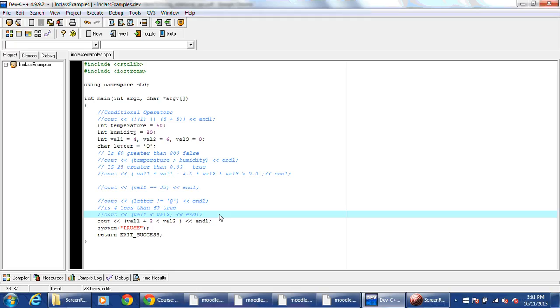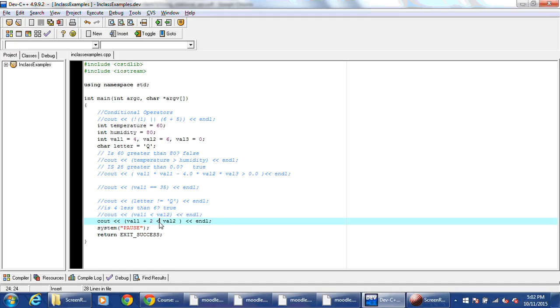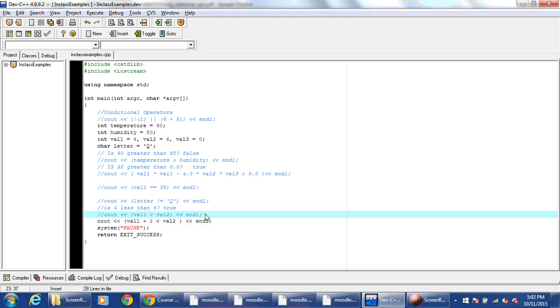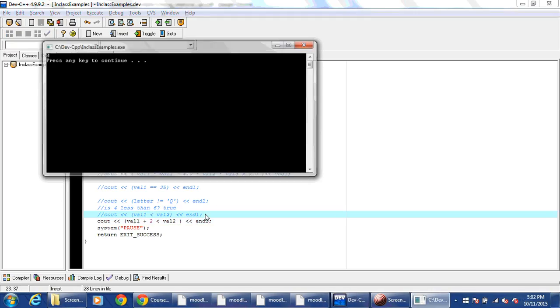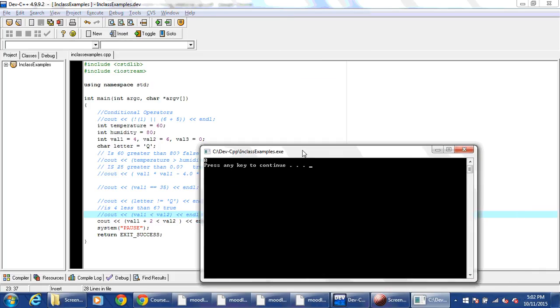Now the thing is, when you have two operands that are exactly the same, and you're doing less than or greater than operators, your answer is going to be false because you're not using the equals to. So you're saying, is 6 less than 6? No, it's not. So when I run this, it's going to give you false.